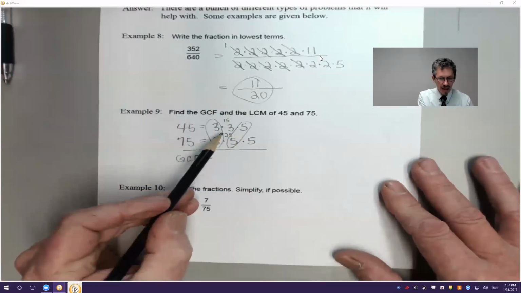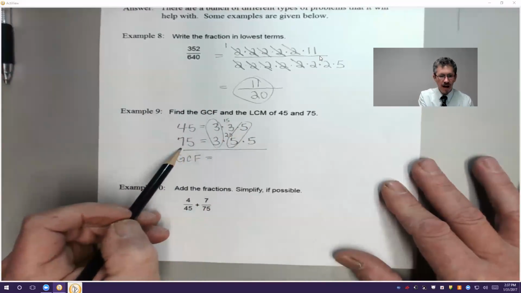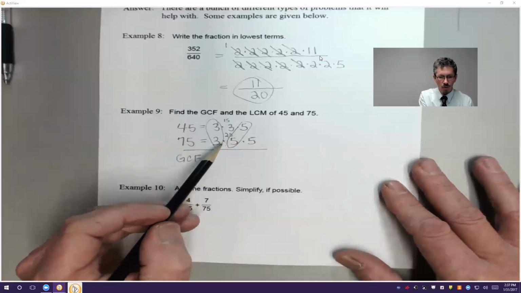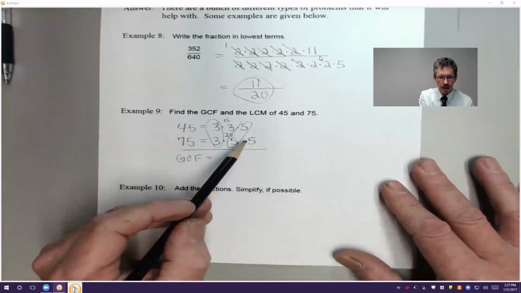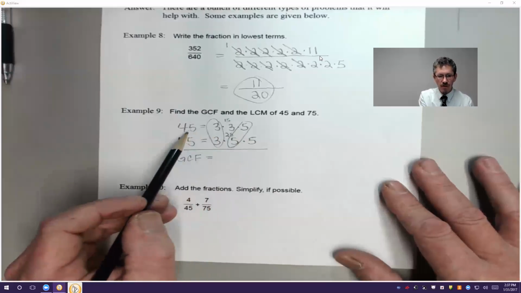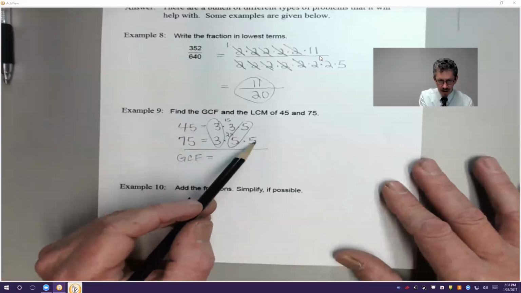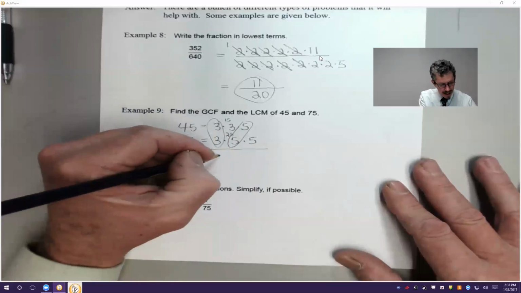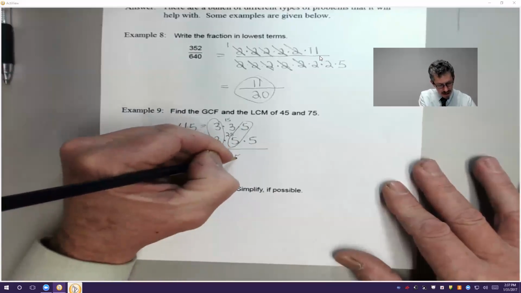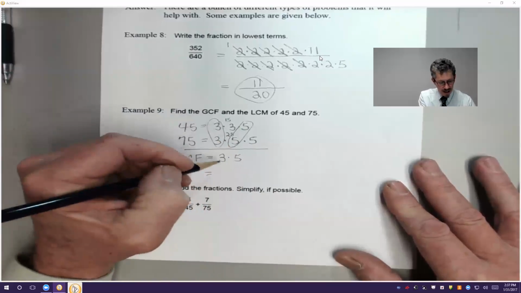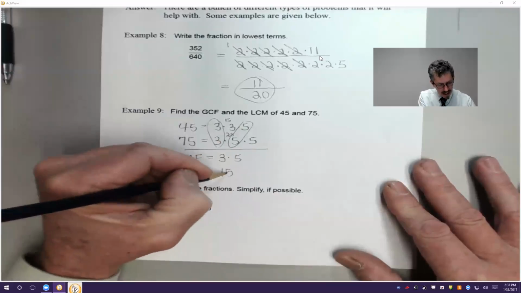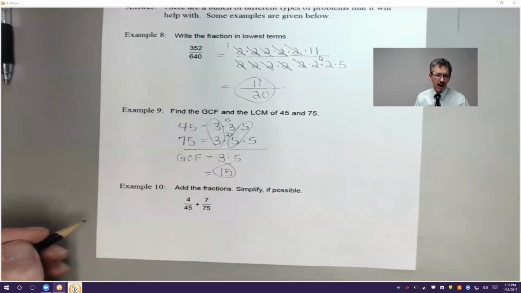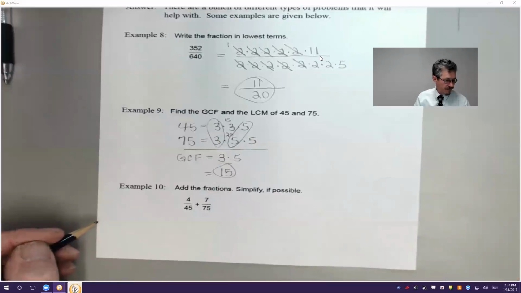Now, notice that the prime factorization of 75 has only one 3, so I can't do another 3. And the prime factorization of 45 only has one 5, so I can't do another 5. So the common factors are 3 and 5. I'll write it down. Multiply what I got. The greatest common factor of 45 and 75 would be 15.